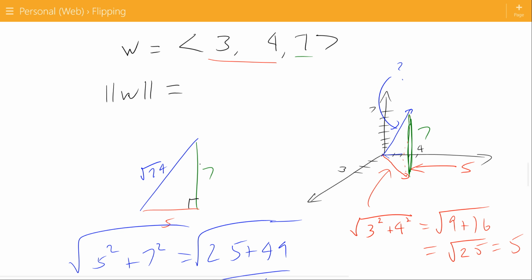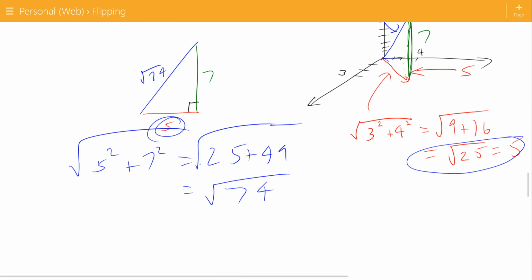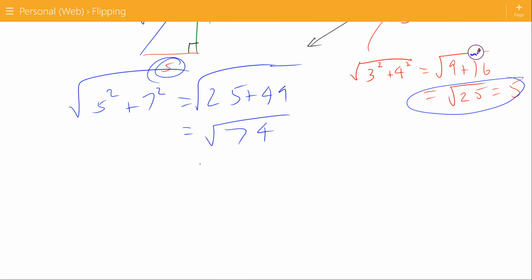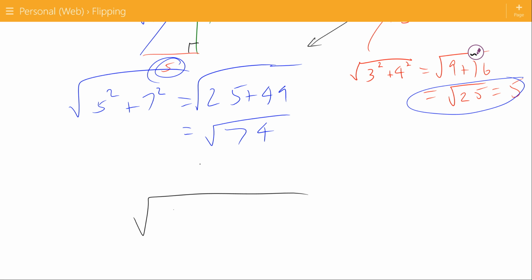But that seems like a lot of steps. I have to get one side and I have to get the other. Well, check this out. I have this 5 right there, which I originally got back over here, but then I took the square root of that. What if we don't take that out of the square root, out of the radical? What if we said, okay, I'm going to set this equal to the square root of 3 squared plus 4 squared.